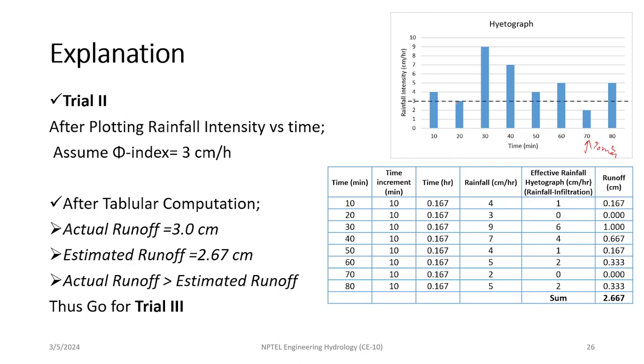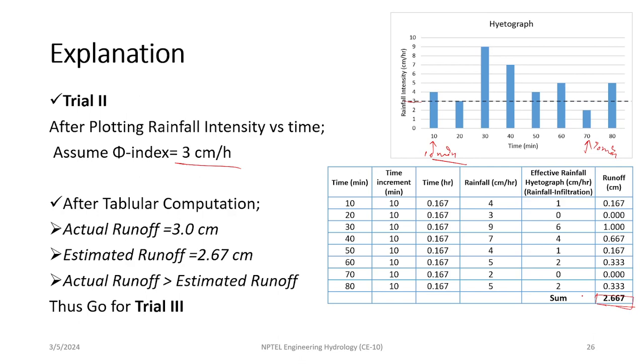So what is the next higher value? That is 3 centimeter per hour, which occurred at 10 minutes. Now the same procedure will be followed, and we are getting a value of 2.667.